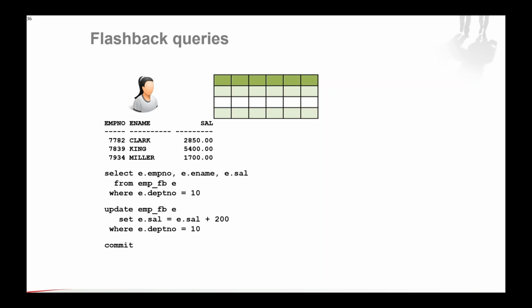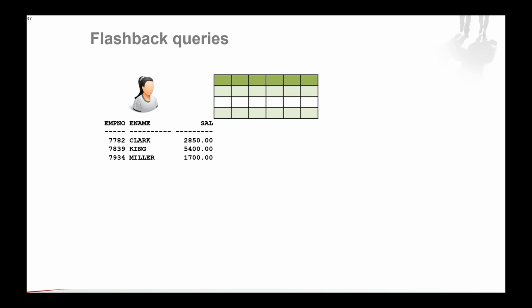Can I do that? So you want to look back in the past. You want to see the history. Yeah, I can of course do the counter update salary minus 200, but suppose I don't know that. I want to know what the data looked like a minute ago.